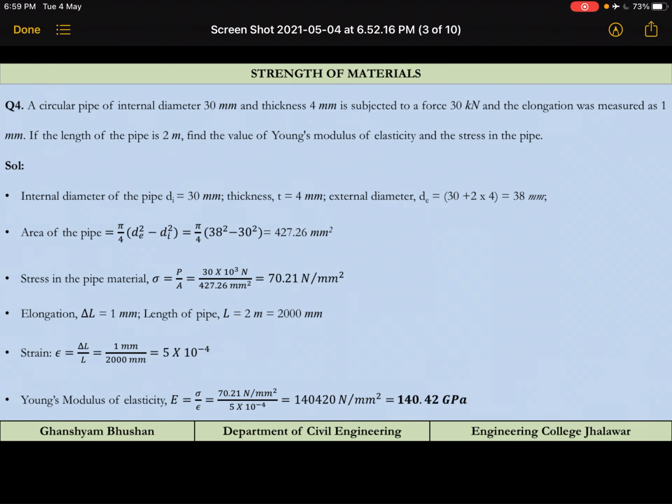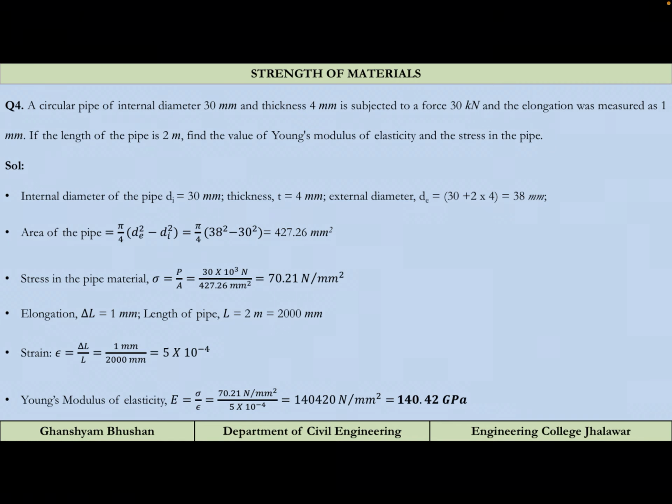So the internal diameter is 30 mm. Let me just show you here. 30 mm is internal diameter, thickness is given as 4 mm. So external diameter will be 30 plus 2 times the thickness, so it is coming out to be 38 mm. Now the area of pipe will become pi by 4 times external diameter square minus internal diameter square. So we will put the values. You will find area is coming out to be 427.26 millimeter square.